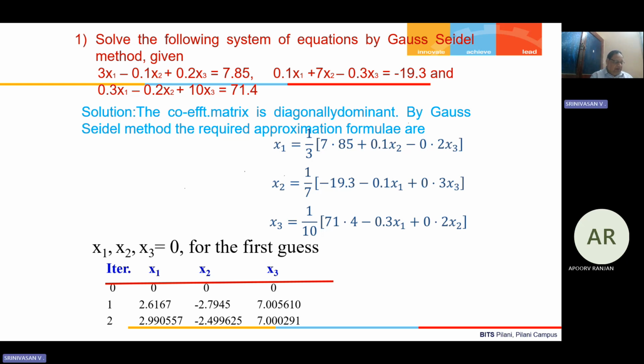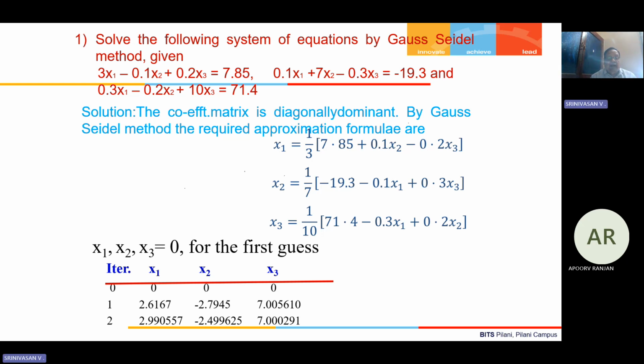This equation is not satisfying. It's not satisfied. How is that? Is minus 2.499. Maybe that means this is not the solution then. I think it is still getting reduced.